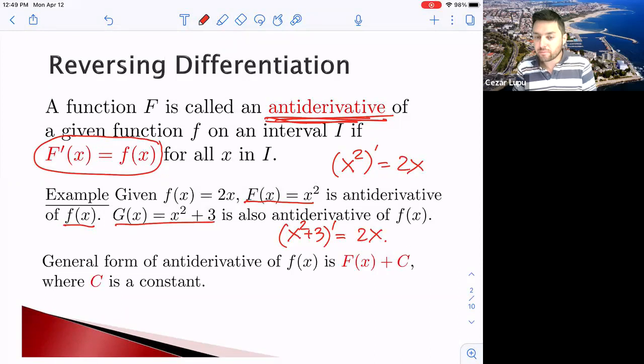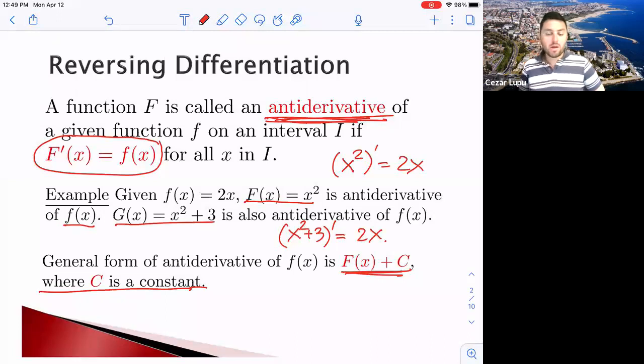But no matter how many of them there are, all of them will differ by a constant. So that's what you need to know about the antiderivative of a function. The general form of an antiderivative of f is capital F of x plus c. All of them differ by a constant, and this is very important.